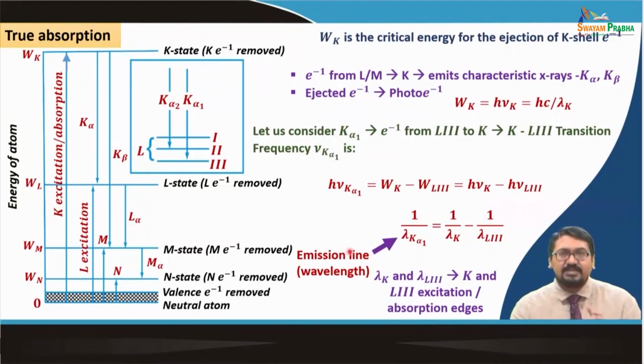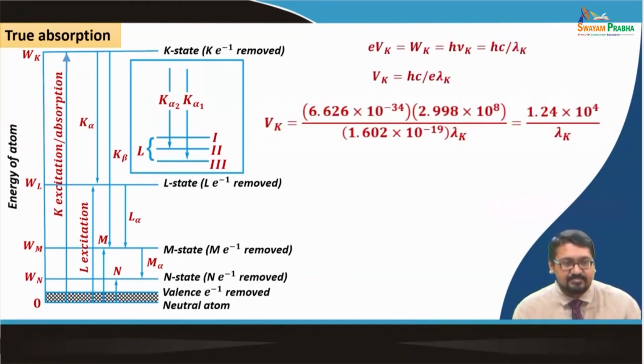This is basically the absorption edge or the emission line wavelength, right. So, lambda k and lambda L3 are the K and the L3 excitation or absorption edges. This is, by the way, how the absorption of X-rays in a metal takes place.